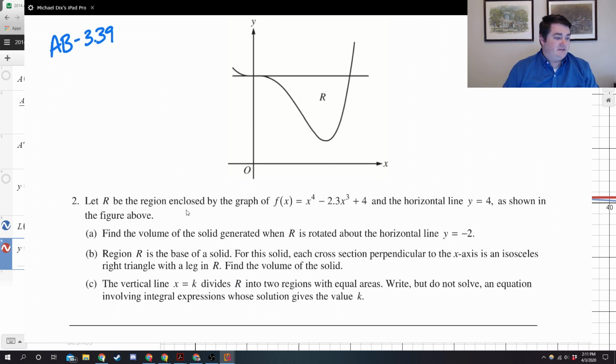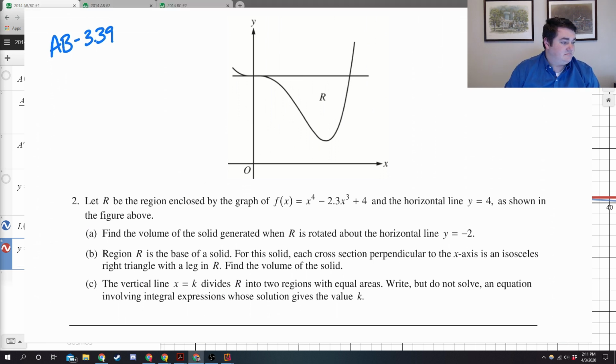Oh, 1 second, let me fix this. Correct link posted here.